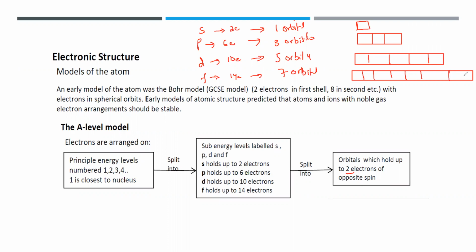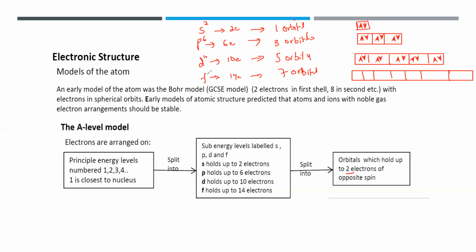And how are the electrons arranged in each orbital? S can have a maximum of 2 electrons: one will be clockwise, another anti-clockwise. P can have a maximum of 6 electrons. First they will occupy singly, 1, 2, 3, then 4, 5, 6. D can have a maximum of 10 electrons: 1, 2, 3, 4, 5, then 6, 7, 8, 9, 10.